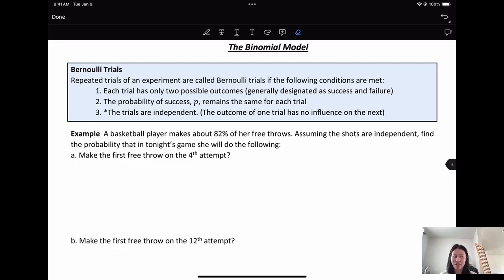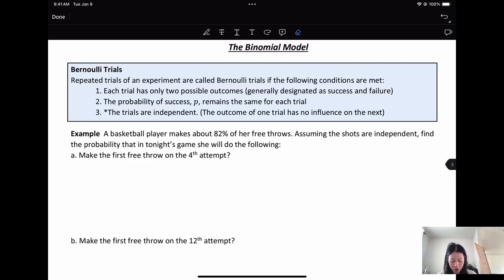After a long practice or at the end of a game, you might get very tired, and then your success rate will decrease. But right now, theoretically, let's assume that this basketball player makes 82% of her free throws each time, so that we can apply our binomial model.